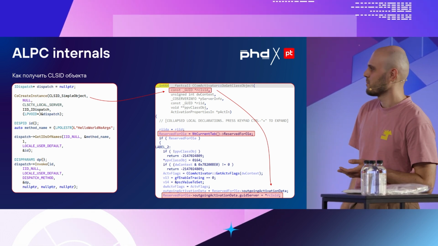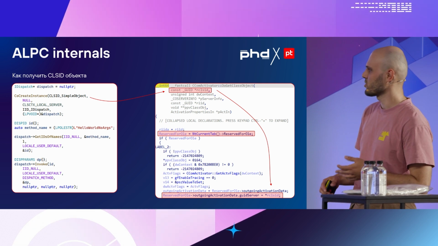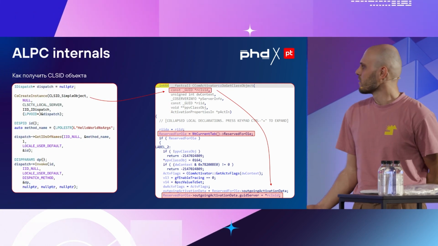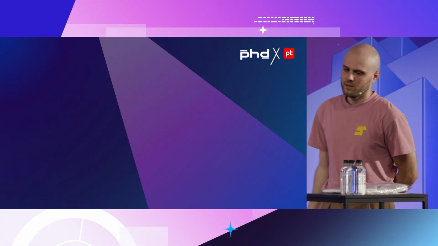The only life hack I found to correlate it, at least in some way, is to get the class ID of the COM object whose interface is running, and you can get it from the current TEB. It's a special field reserved for OLE, and there it is. For instance, when intercepting RPC requests, you can just find this field and log it.